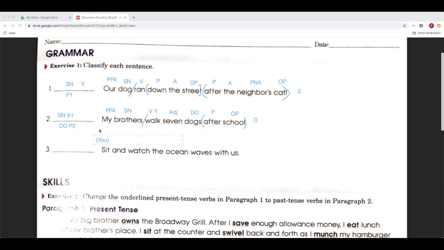And then we can label it a subject pronoun. What is being said about you? We actually have a compound verb here, sit and watch.